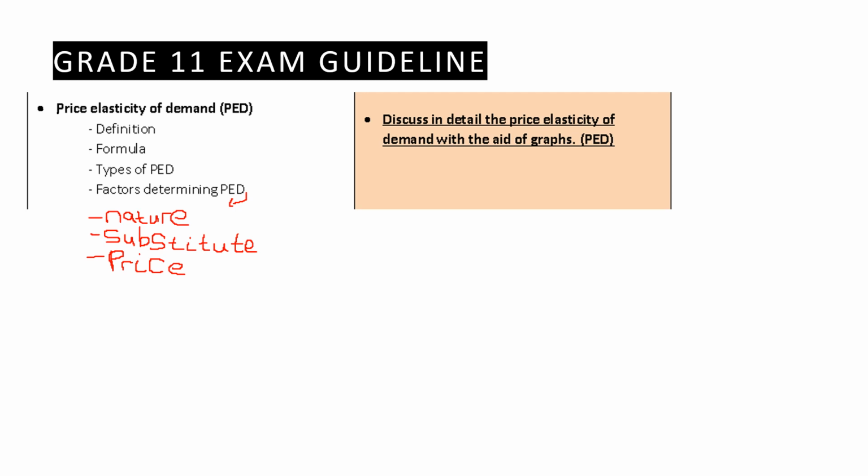Now, let's say the house is going for 500,000, and they realize that people are not buying, and then the price is reduced by 20%, which means the price is reduced by 100,000. Now the price of houses is 400,000. It does not necessarily mean that people are going to buy more, because even at 400,000, it's still expensive for the majority of the citizens.